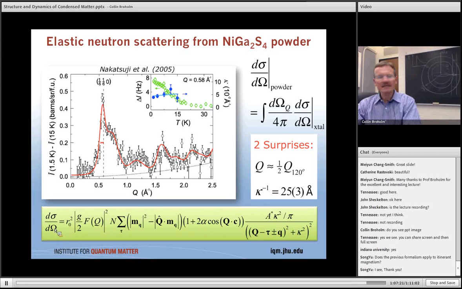So this red line that you see drawn through the data was actually calculated for a certain model for the diffraction cross-section in the crystal. I just carried out the spherical average and generated this red line. So it's a very highly constrained fit to the data, which works out quite nicely, and which gave a lot of conclusions regarding the magnetism in that system.